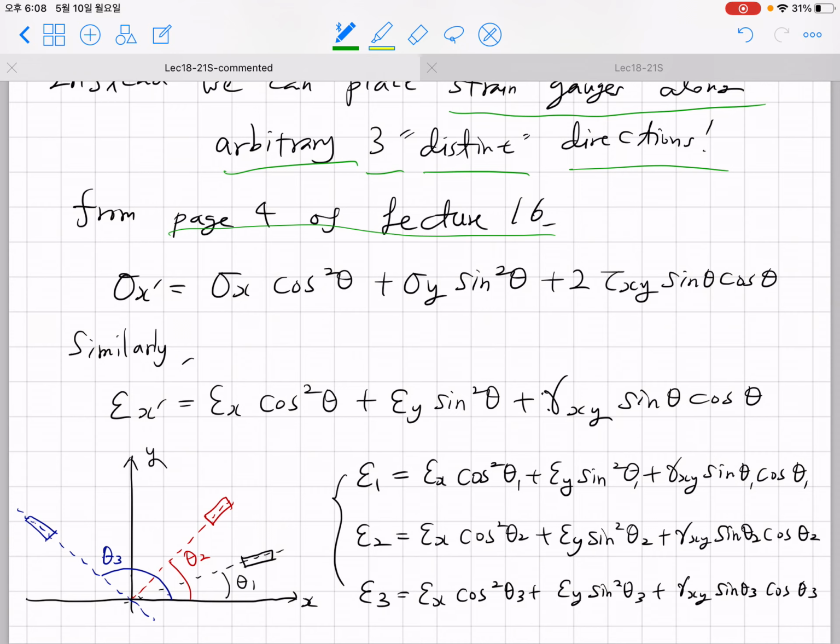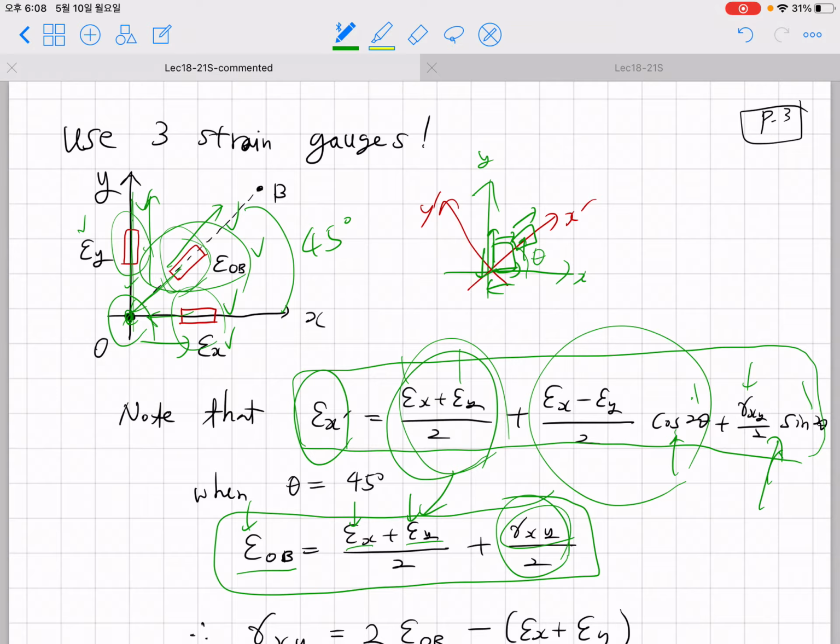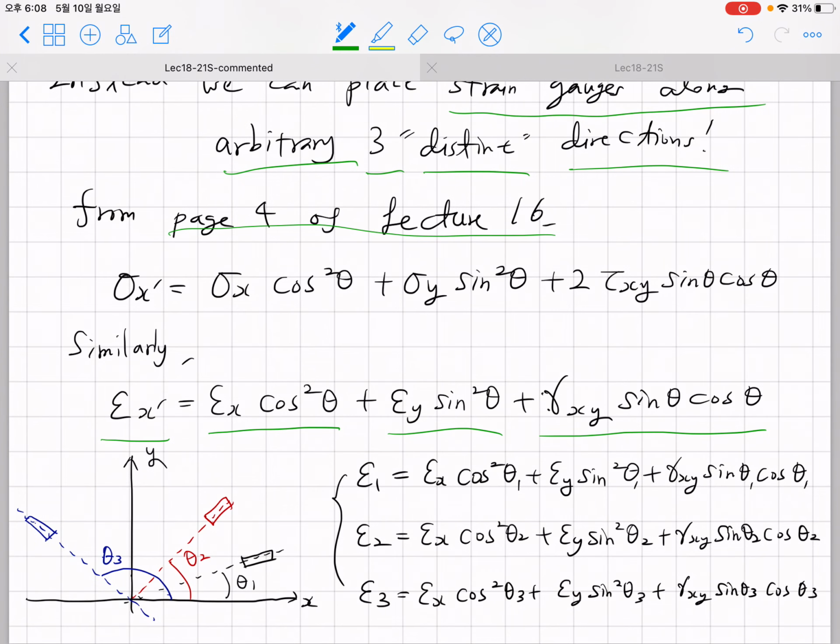What you can derive is that epsilon x prime can be written as epsilon x cosine something, epsilon y sine something, and gamma xy sine theta and cosine theta. Suppose that instead of x, y, and this 45 degrees, you orient strain gauges along the theta 1 direction, theta 2 direction, and theta 3 direction.